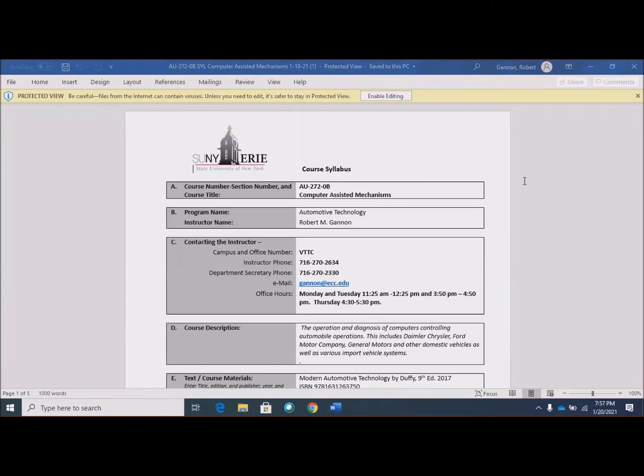So a lot of the examples I use will probably still be from electronic engine controls, but here's the thing. In fact, let me just go full screen here for a second. I can't possibly explain to you how every sensor on every system, on every car, by every manufacturer works.